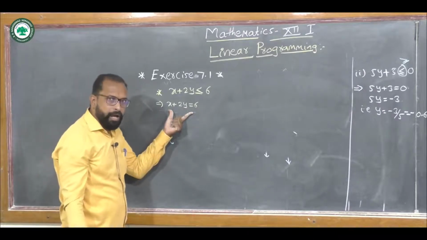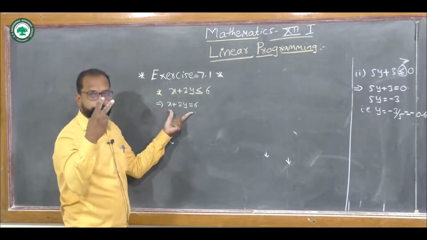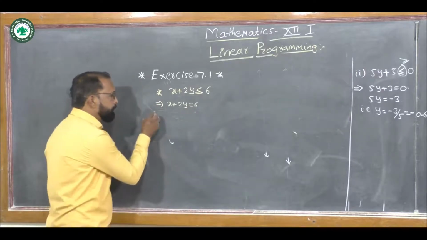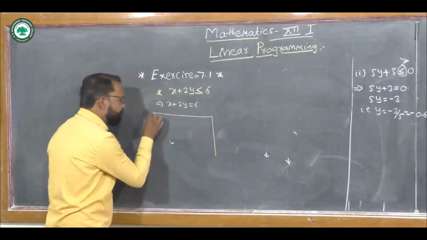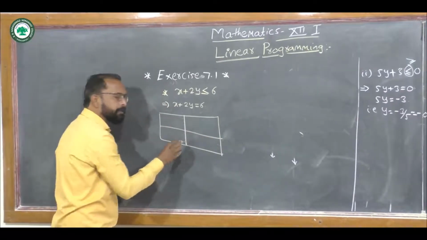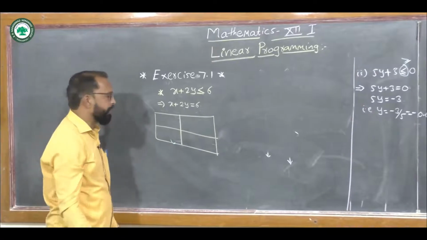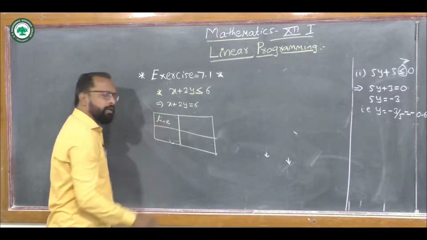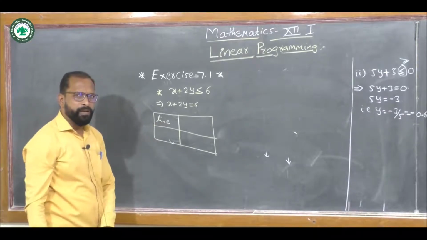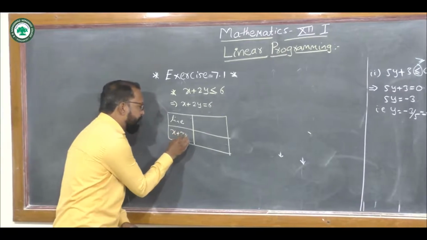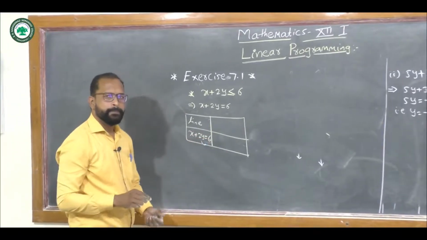Now to draw this line, we have to find two points from this equation. There are different ways to do that. Out of these, we consider one way. Here we make a table for the equation of the line, x plus 2y equals 6.